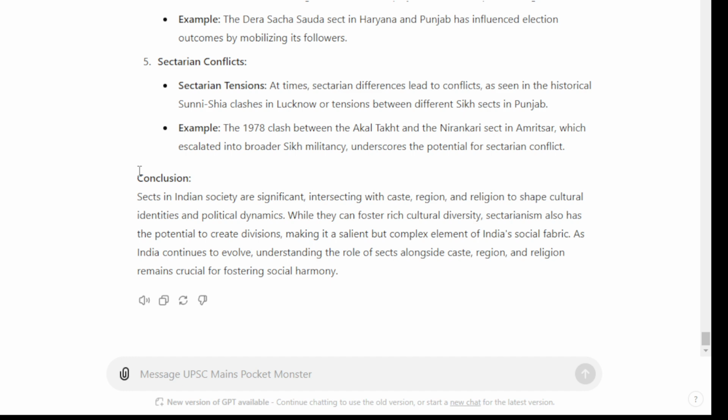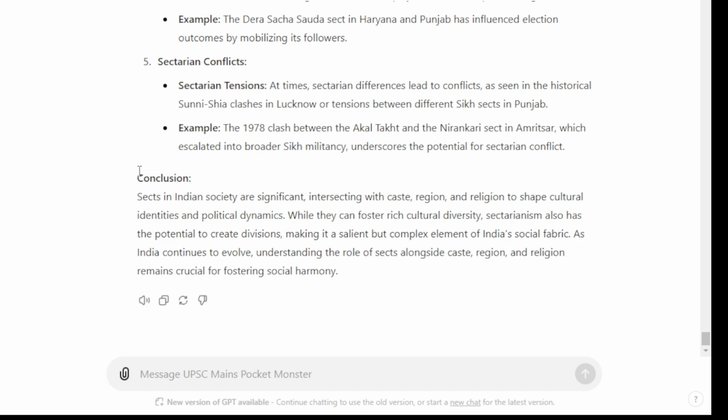Alright, so the intersectionality part, I wouldn't say the caste and these are intersecting. I wouldn't say intersection is used for things which have only perhaps two dimensions. When you have three dimensions to it, I would say rather the caste identities overlap with sect identities sometimes, or the caste boundaries intersect, not the entire caste.